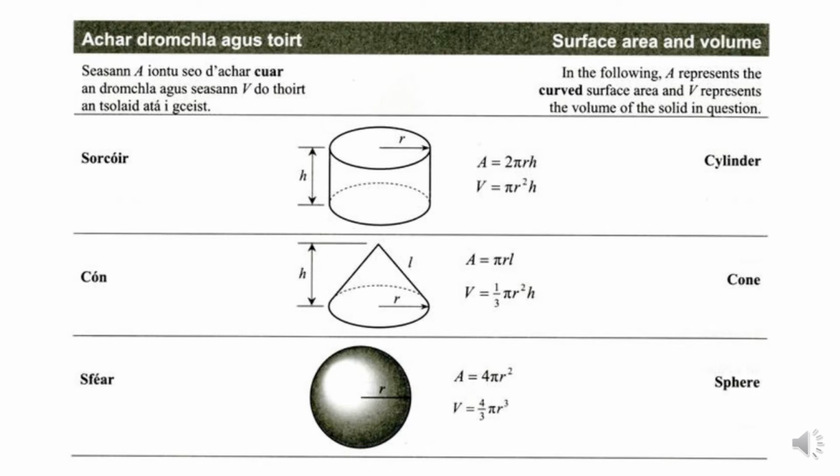We're looking for the cylinder, which is here, and we're looking for curved surface area, which is the letter A, and that's given here. This formula gives the area of the curved surface, which is the sides of the cylinder. When I'm teaching this I talk about a tin of beans: it gives the area of the label around the sides, so not the top and the bottom. But that's all we need in this question.